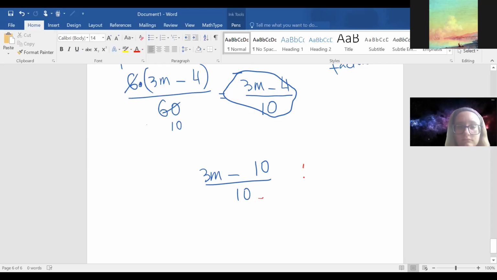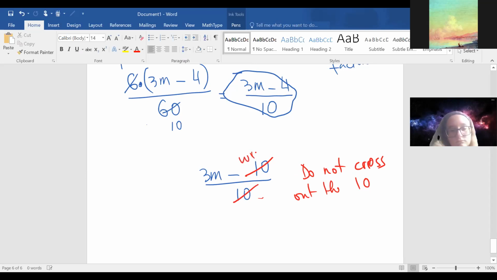Do not cross out the 10s, that's wrong. The only stuff we can simplify are the factors, nothing else.